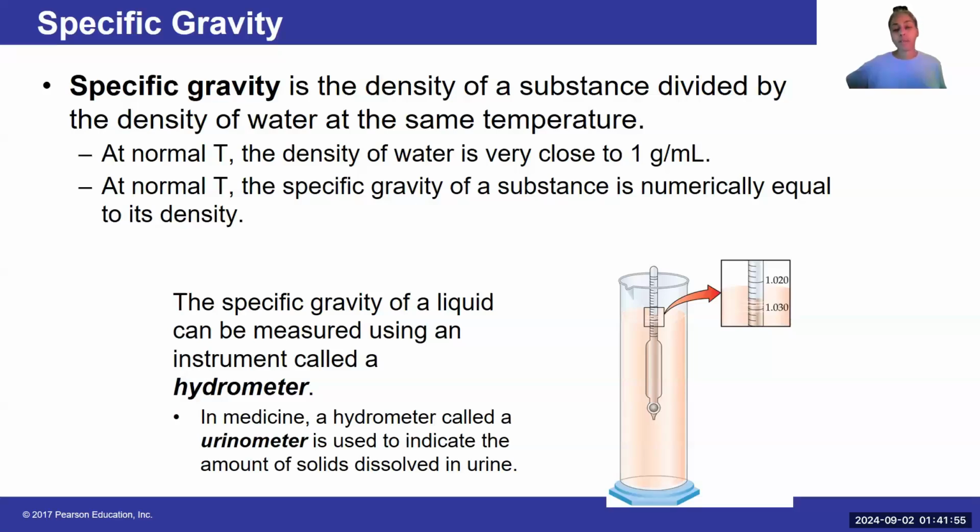And the hydrometer can be used to measure the specific gravity of any liquid. Because urine is water that has many dissolved solids in it, we can compare the specific gravity of that urine to water, and it should have a specific indicated value.